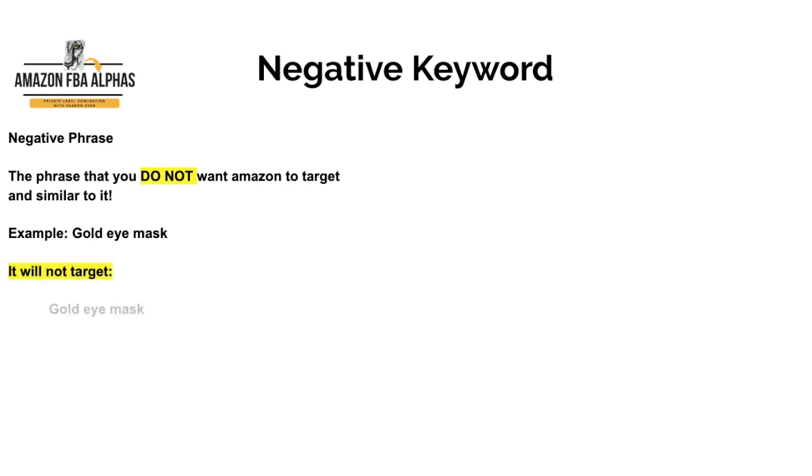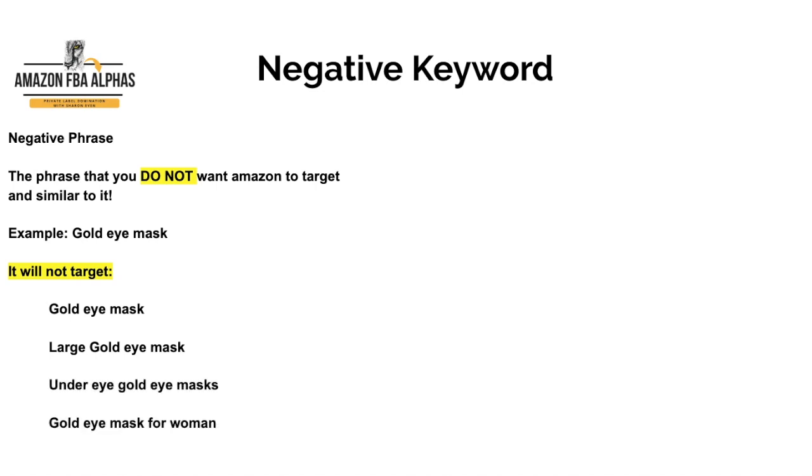It will not target gold eye mask, large gold eye mask, under eye gold eye mask for women. So if you put in a negative phrase in a campaign, meaning you're telling Amazon, do not target this specific keyword, it won't target that keyword or that keyword inside of a search term. Okay, so inside of a specific phrase.